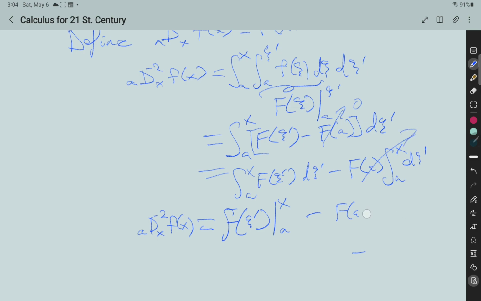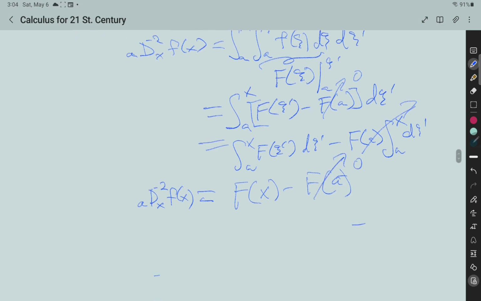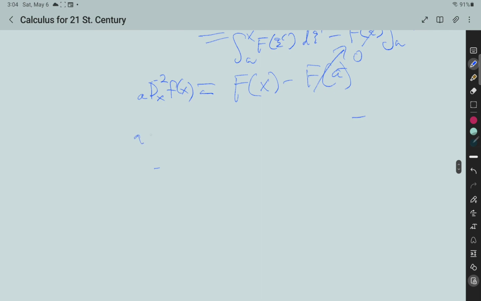So the first term on the right hand side is going to be f of x minus f of a, but we already specified that this thing here is equal to 0, so therefore a to the minus 2x f of x is equal to f of x.